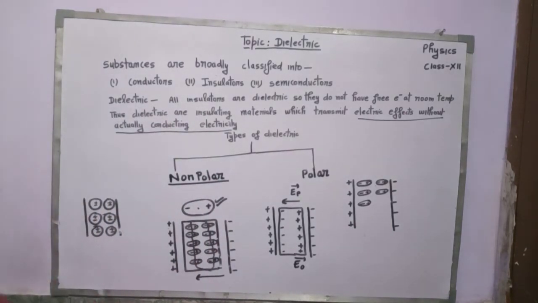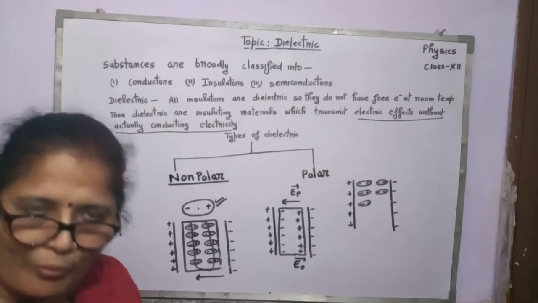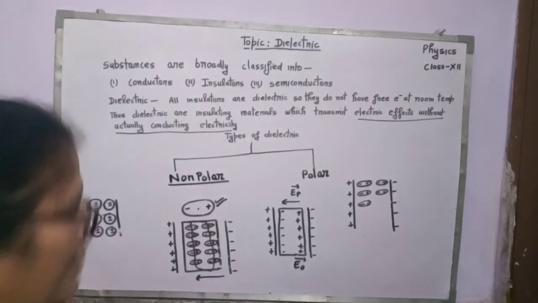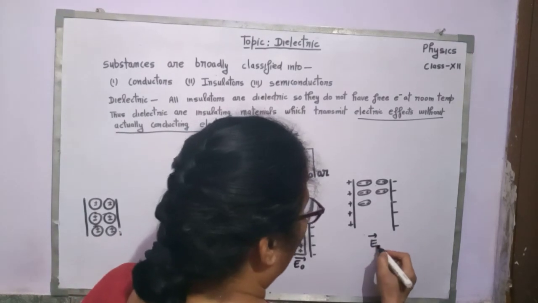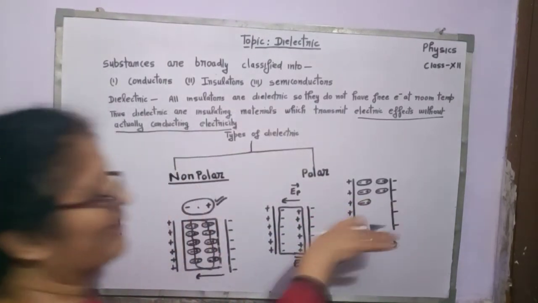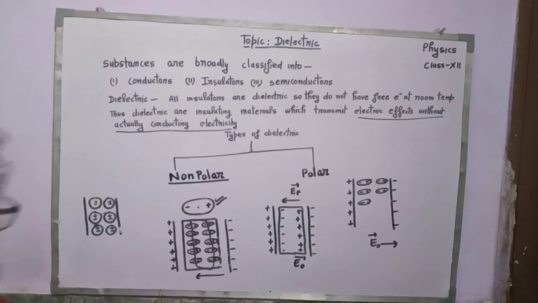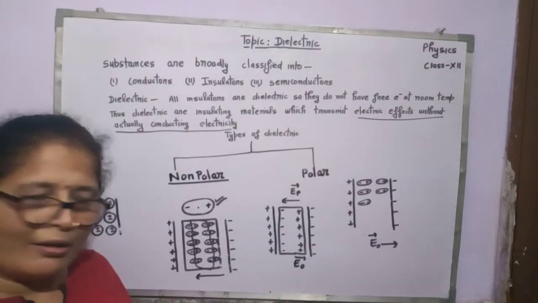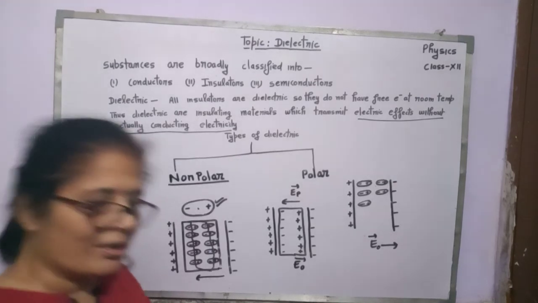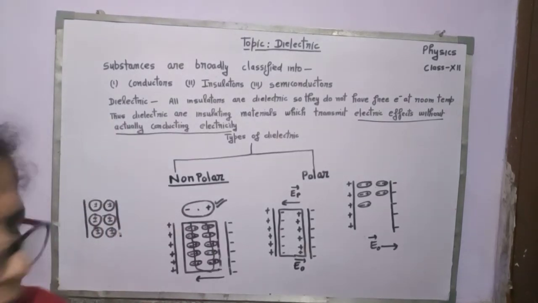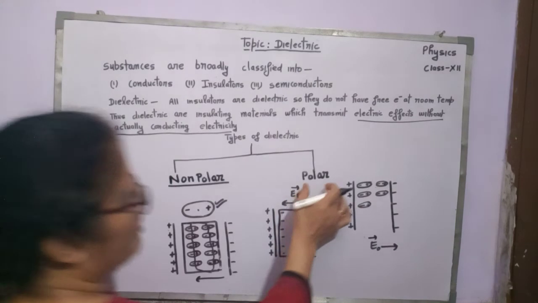Due to random orientation, their net electric dipole moment is zero. But when the external electric field is applied, they are aligned in the direction of the electric field. They have a net electric dipole moment, but no new electric dipole moment is induced in these molecules. Therefore, they are not of so much importance.